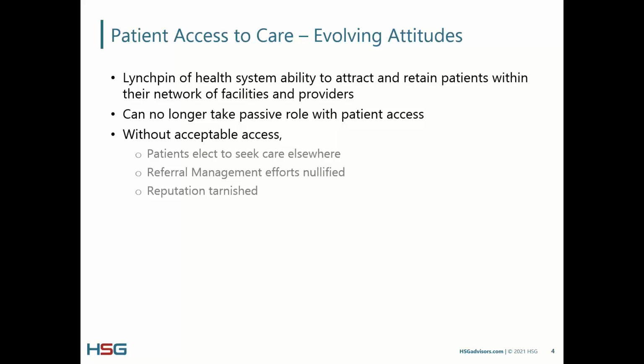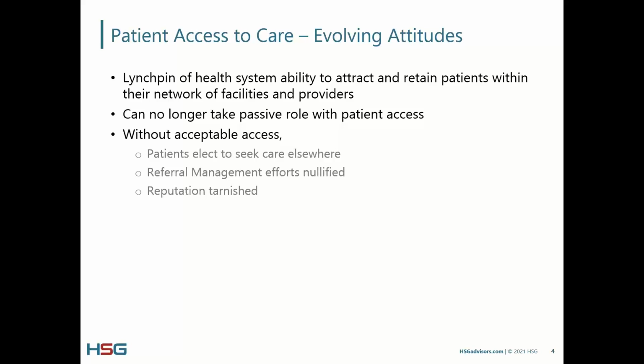All referral management efforts get nullified because regardless of tracking referrals and trying to ensure that patients remain within the system, if patients cannot access care within the system, then the best referral management system is null and void. And finally, as alluded to above, rather than being a badge of practice reputation to have very delayed access to care, today, practice and provider reputation is tarnished if there's not convenient access to care.